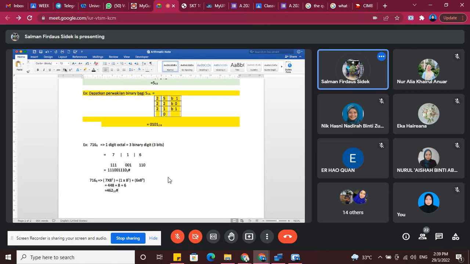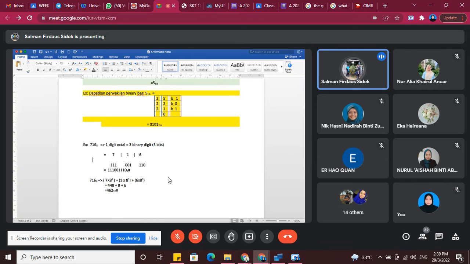Okay, so this is how we convert octal to decimal. We already converted octal to binary, and now we have converted it into decimal. How do we convert it to hexadecimal? Later I will show you, because we need to learn about hexadecimal first and then we can convert from octal to hexadecimal.